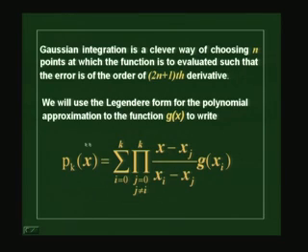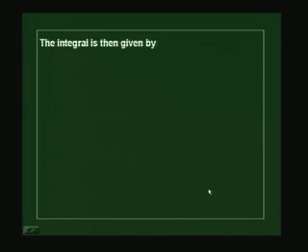First we write the polynomial approximation to g of x in this form: i going from 0 to k, the product over j from 0 to k where j is not equal to i, of x minus xj divided by xi minus xj, into g of xi. That is a polynomial approximation to the function g of x.